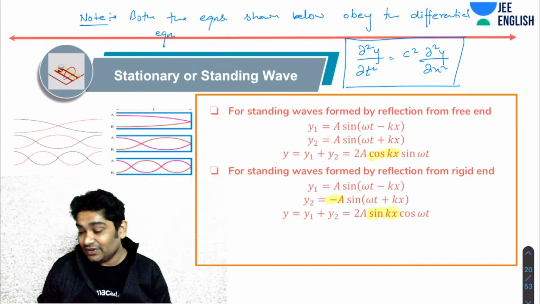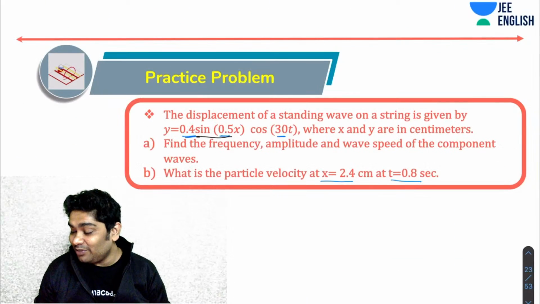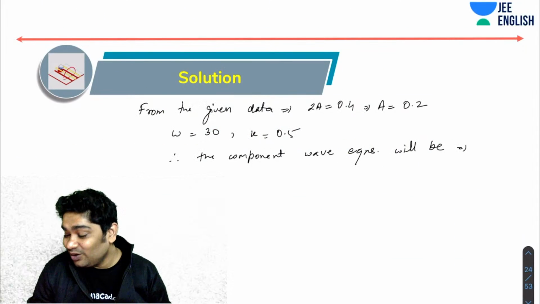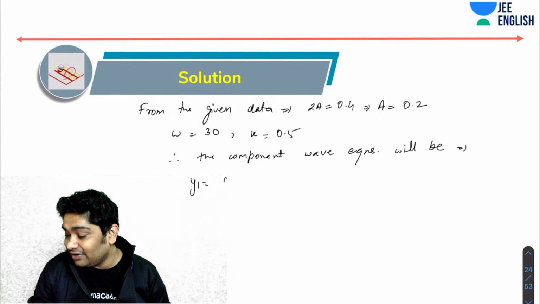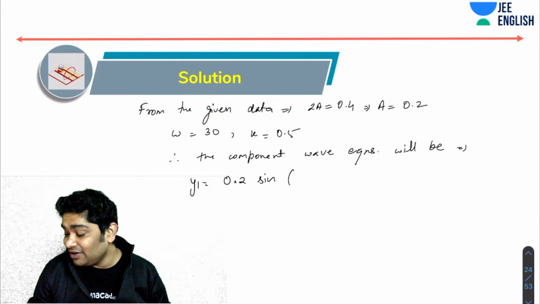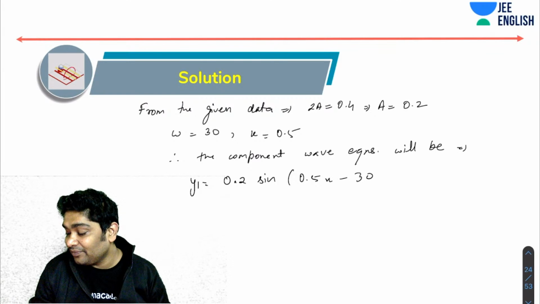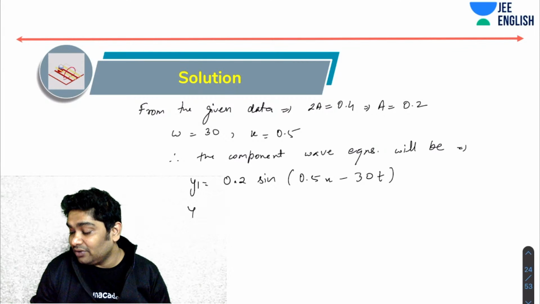Okay. So now you should be able to answer this. So y1 would be equal to 0.2 sine of kx minus omega t, so 0.5x minus 30t, and y2 would be equal to minus 0.2 sine of kx plus omega t.